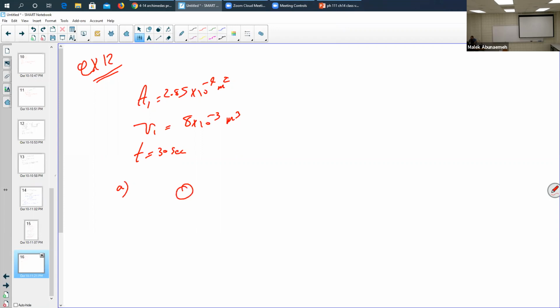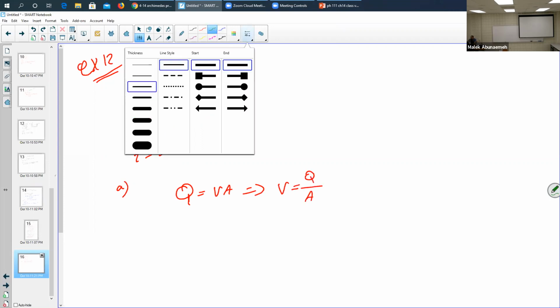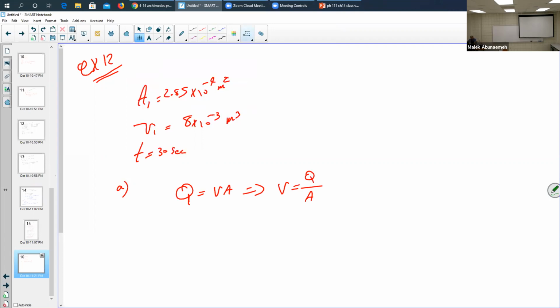For part A, your flow rate Q is going to equal your speed multiplied by your area. That means your speed is going to equal Q over A. But Q is how much volume you have per second, meter cubed per second, which is your volume per time. So your volume is 8 times 10 to the negative 3 divided by your time, 30 seconds.